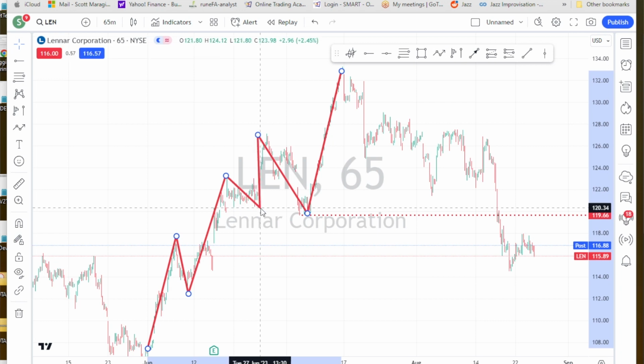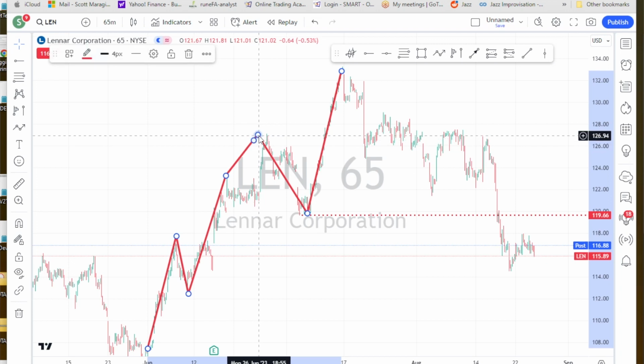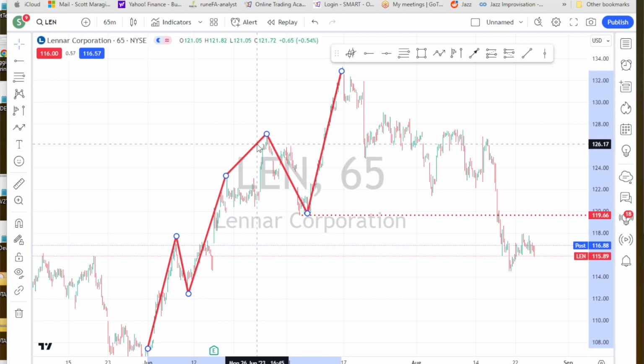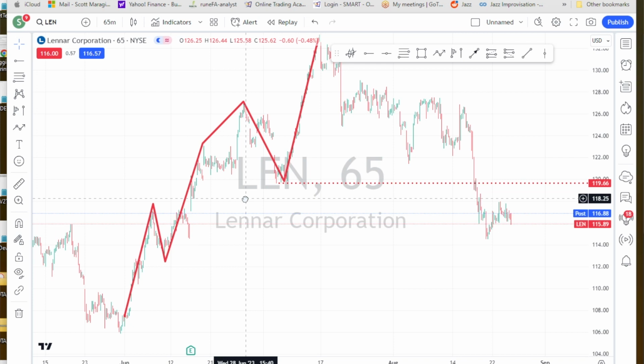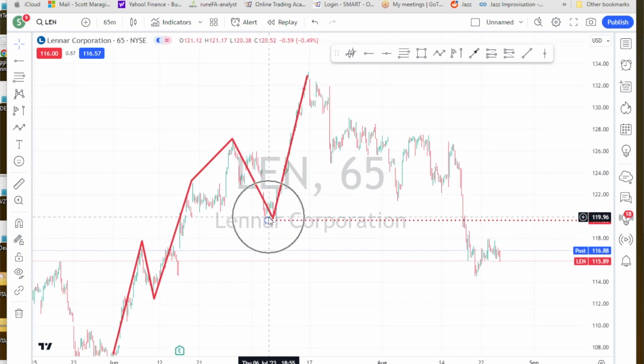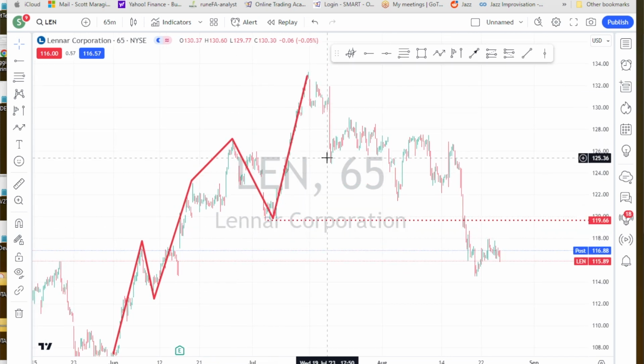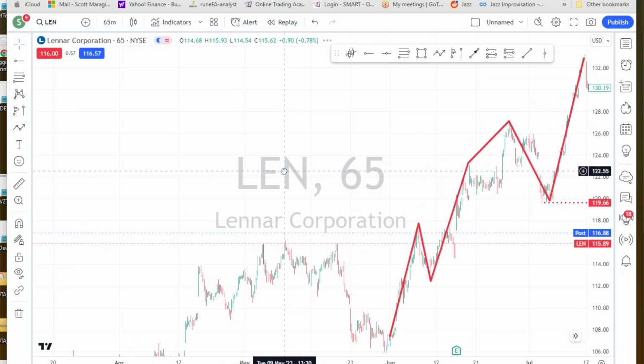This is a little funky right here, where this was a little lower than this. You could argue with me that that was a control swing low. I'm just gonna do this for now. All right, I don't want to get in the way of the lesson. This would be the control swing low. This is the high. This is Lennar. It's a housing stock. So guys are really pushing on these housing stocks to the upside.